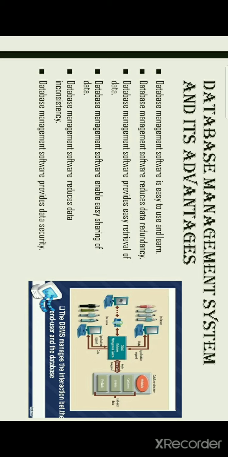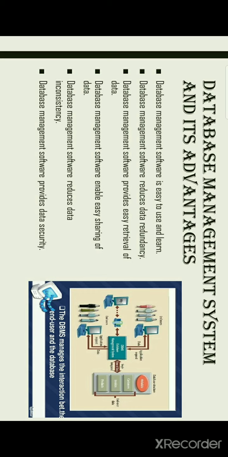The DBMS software provides data security also. It means it ensures that the database is accessed with the proper permission and through proper channel. There are some popular database management system software available in the market or over the internet, which are MS Access, you are already aware of it, Microsoft Access 2010 or 7.